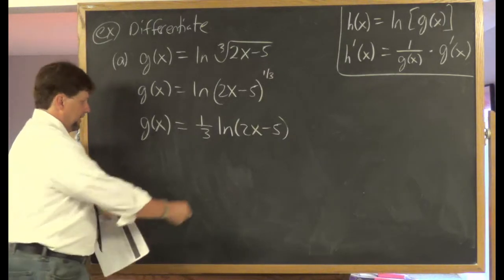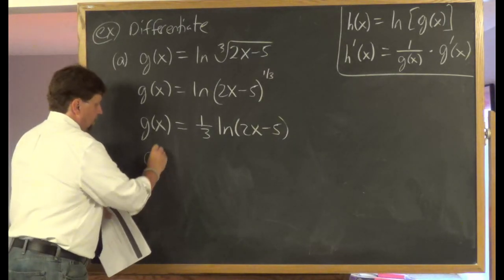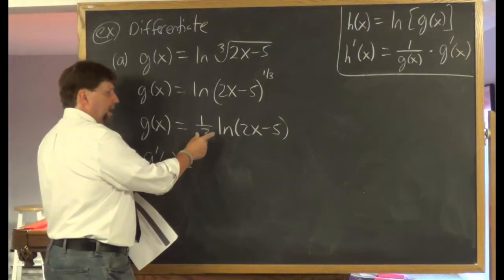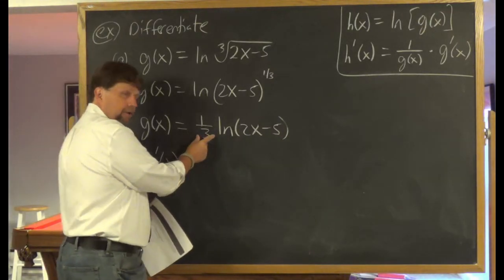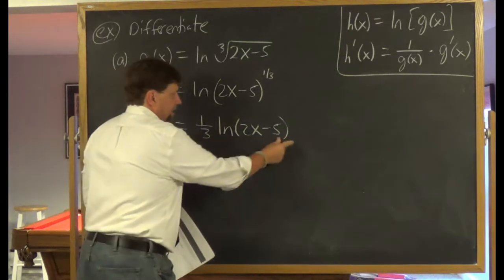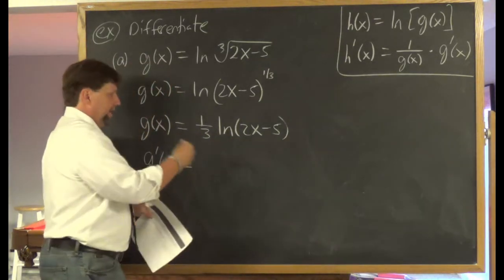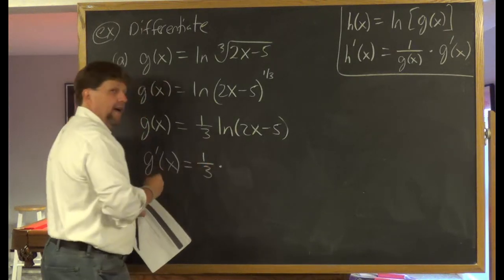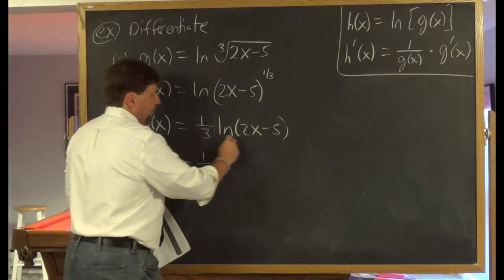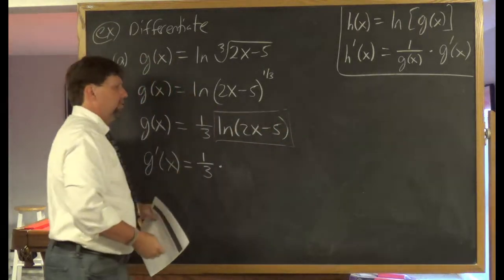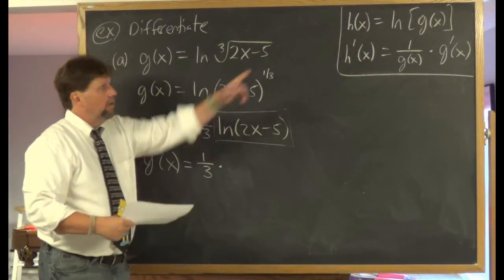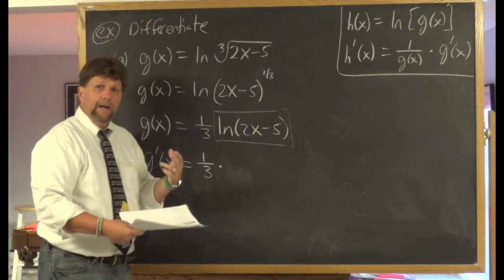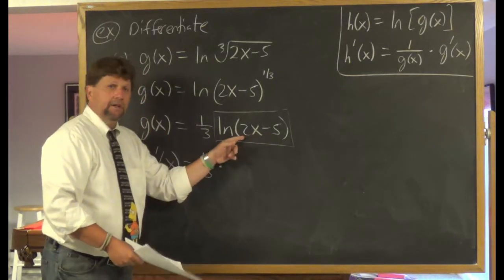So to do the calculus here, to get the derivative, g prime of x, I first note that I have again the constant multiple rule. I have a constant times a function. So to get the derivative, using the constant multiple rule, I have a 1/3 times. Now to get the derivative of ln 2x minus 5, what the rule is telling me is I just simply take 1 over this function.